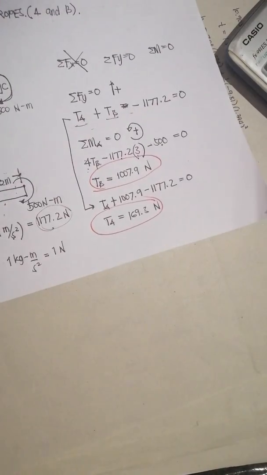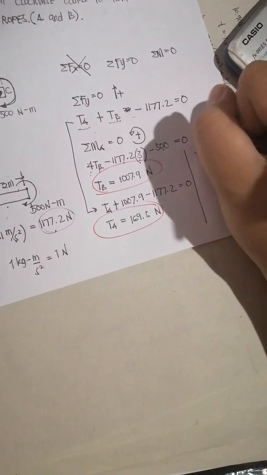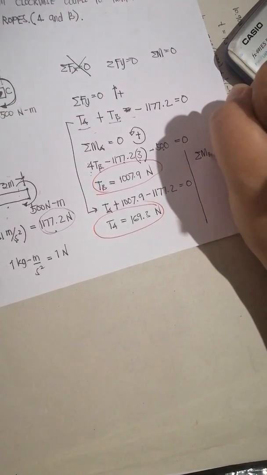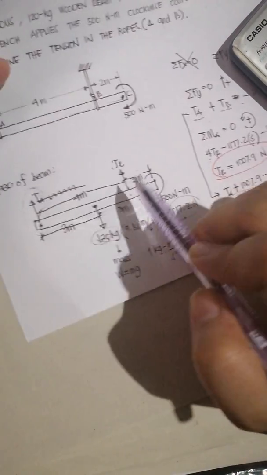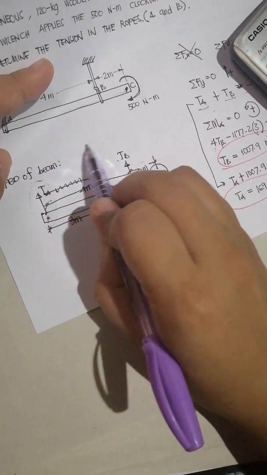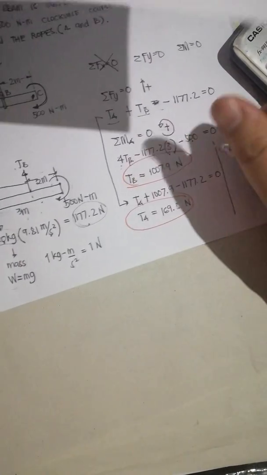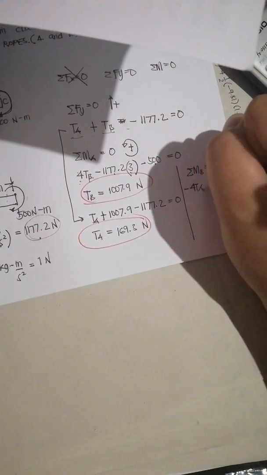By the way, there's also another approach. You could also sum up moments at B equals 0, because if we sum up moments here, we directly get the value of TA. For TA, the rotation about B is clockwise, so negative, and the distance is 4, so negative 4 TA.